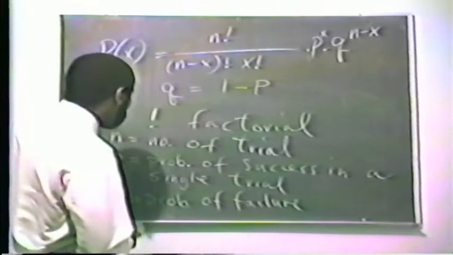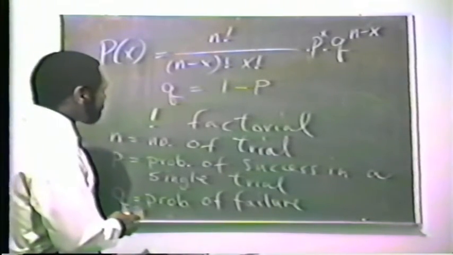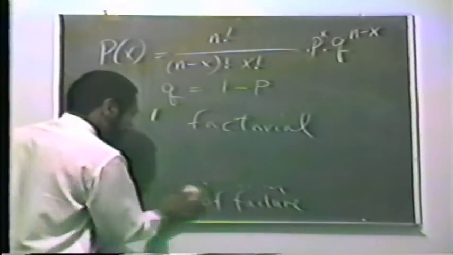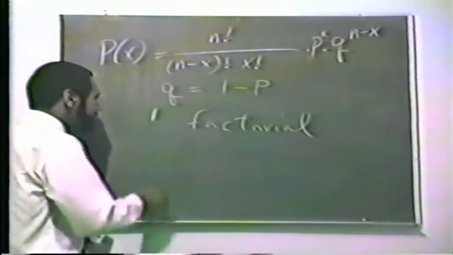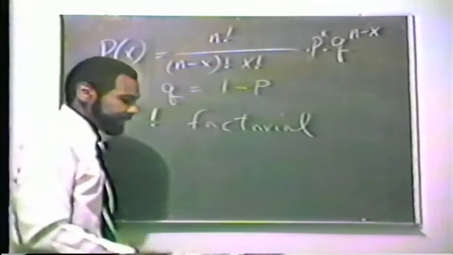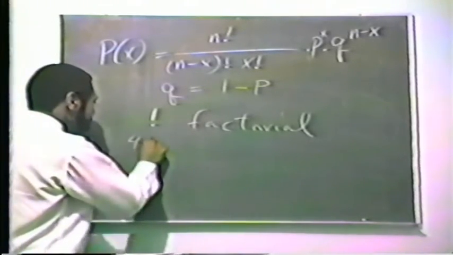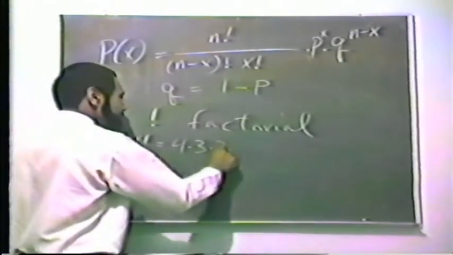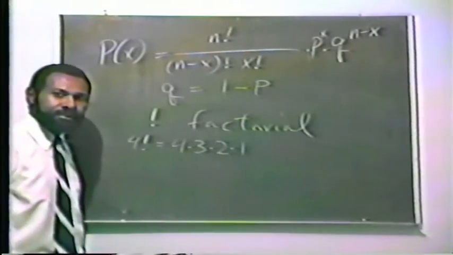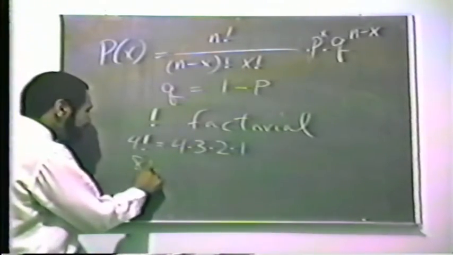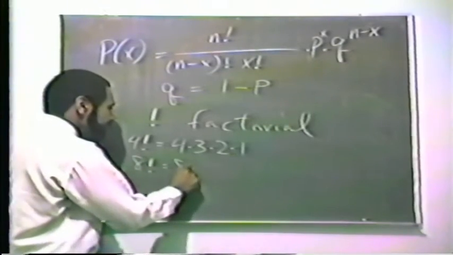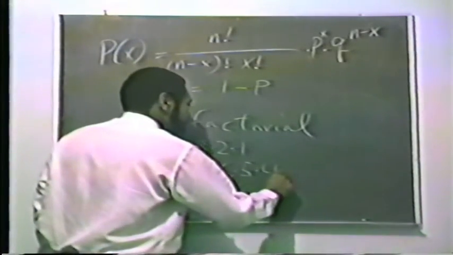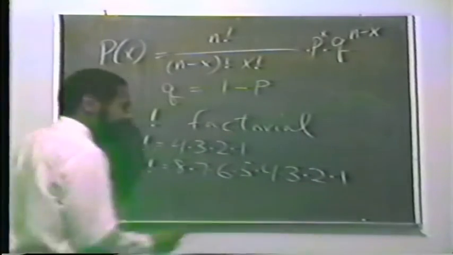Now, in this formula here, we have the factorial. That is something that we haven't really had to deal with before. So let's take a look at exactly what we mean by the symbol factorial. If I have 4 factorial, that means 4 times 3 times 2 times 1. If I have 8 factorial, that means 8 times 7 times 6 times 5 times 4 times 3 times 2 times 1.